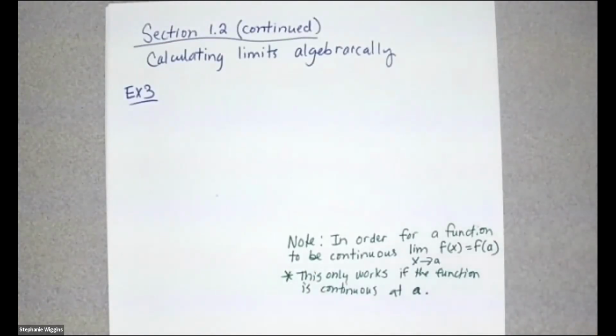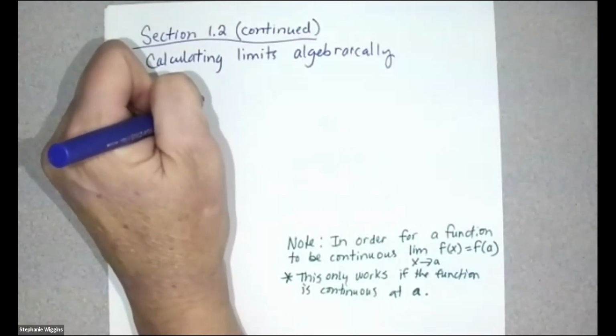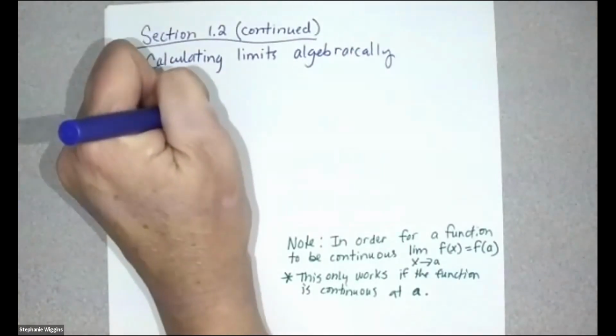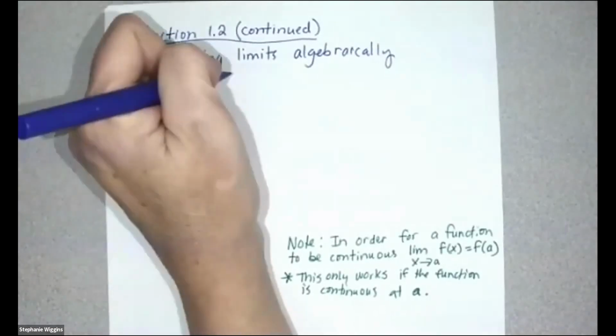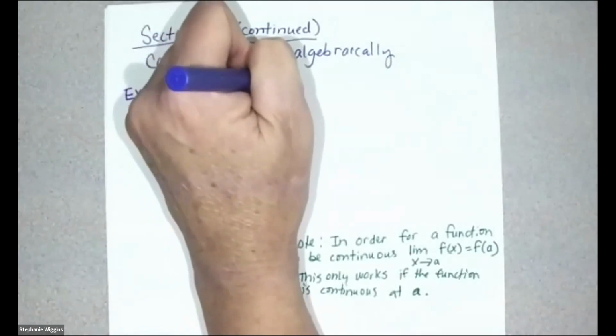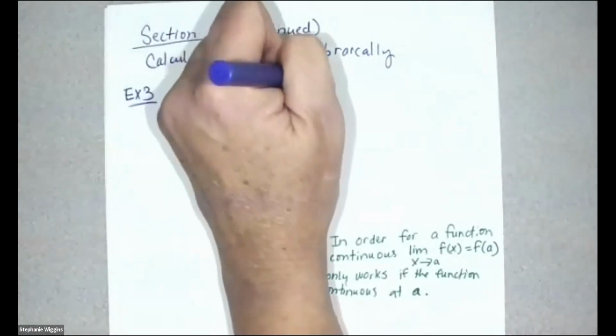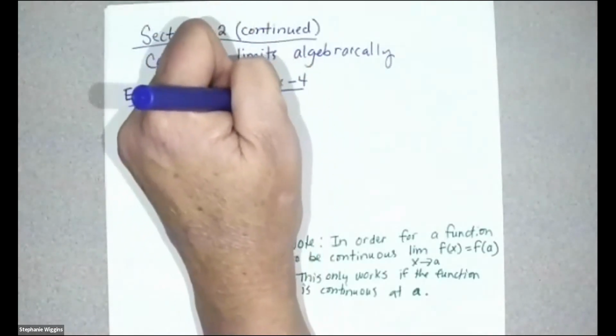We have the limit as x approaches 4 of 2x squared minus 7x minus 4 divided by x minus 4.